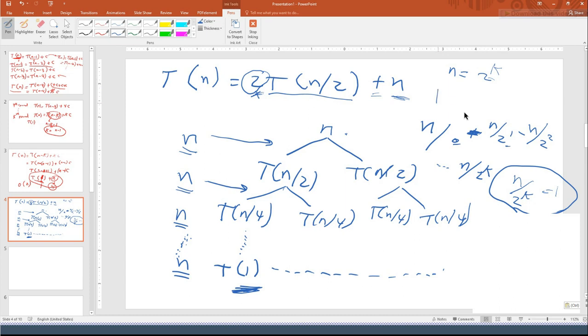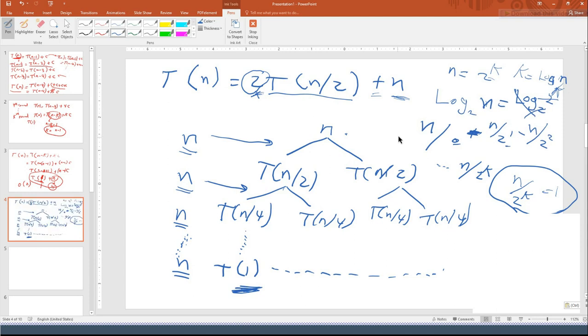Log base 2 of n equals log base 2 of 2 to the power k. So the 2 with the 2 will go, so k equals log n.